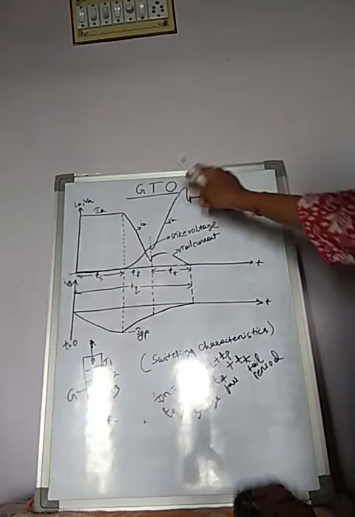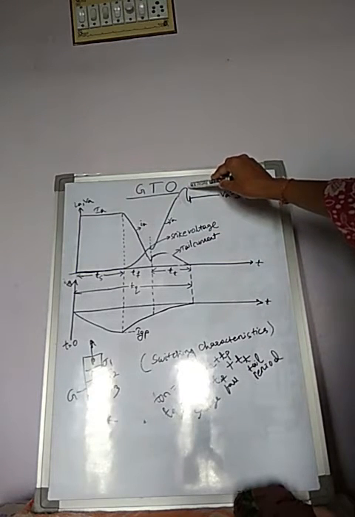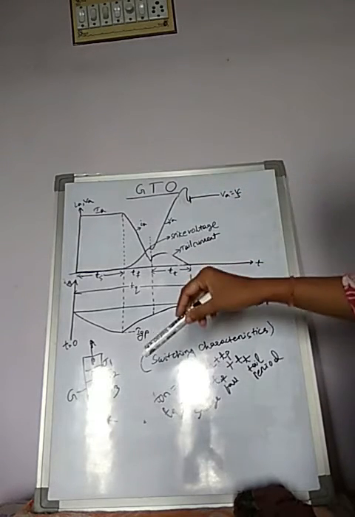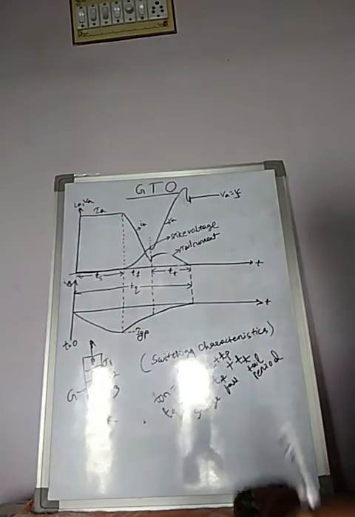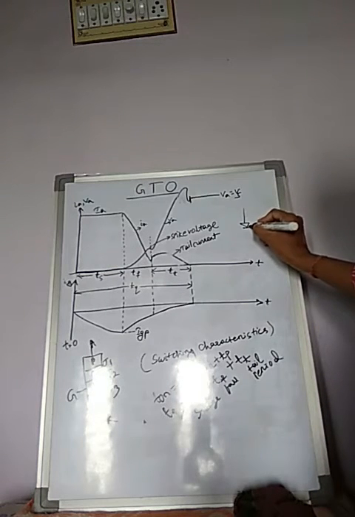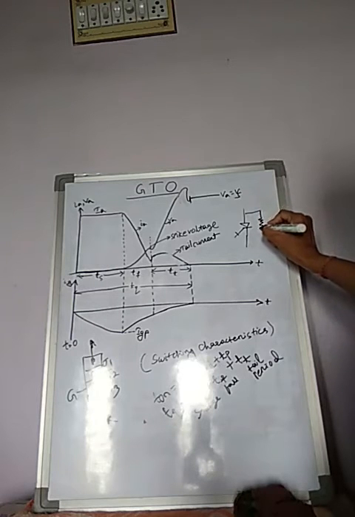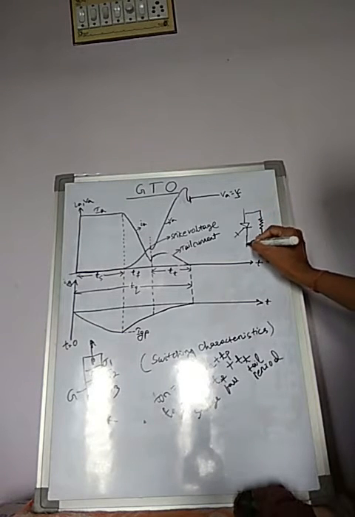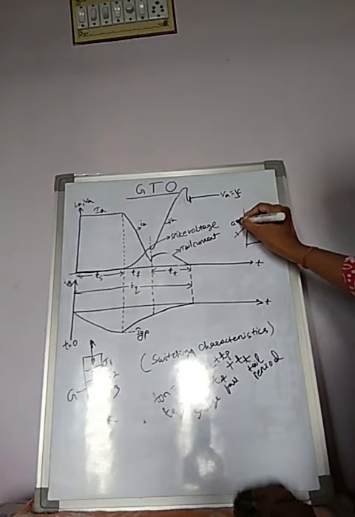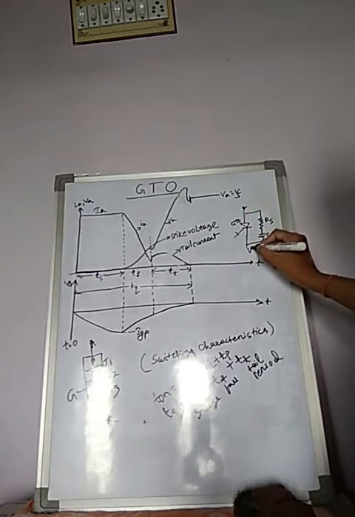This is the transient overshoot due to the presence of Rs and Cs. Rs and Cs, what is this? In the gate drive circuit, I draw one part like this. This is the R, this is the C. Rs, Cs, this is GTO, anode, cathode, gate.